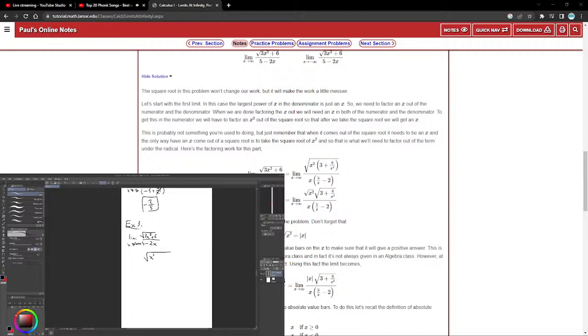X squared, 3 over x cubed. Or wait, no, this would be x. Or 3, I mean.